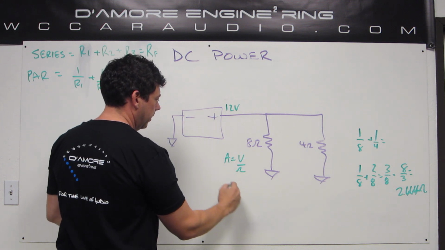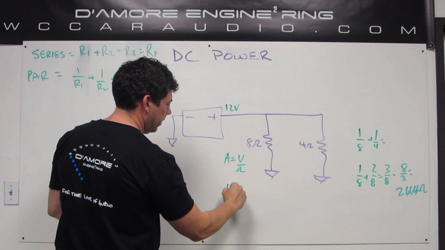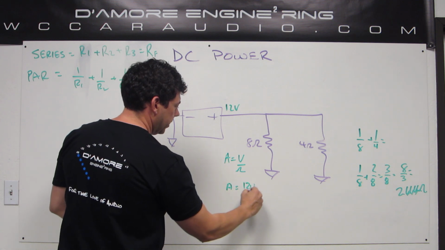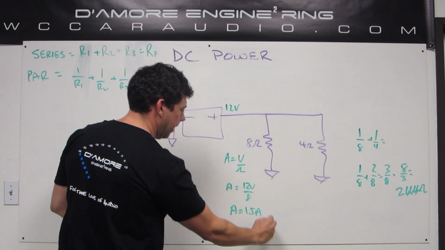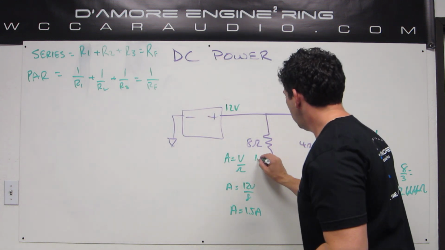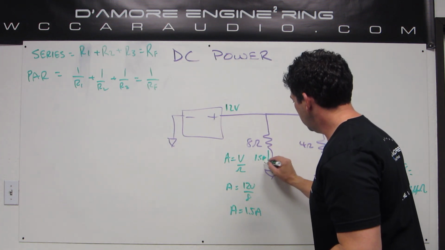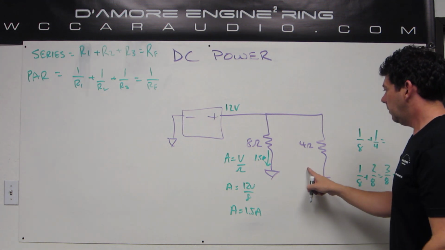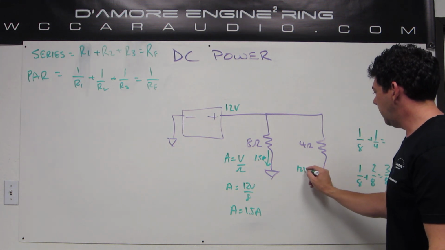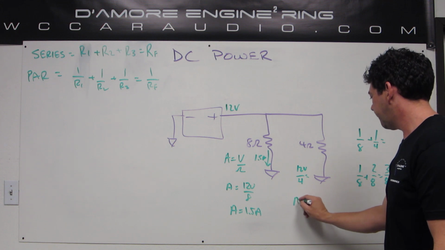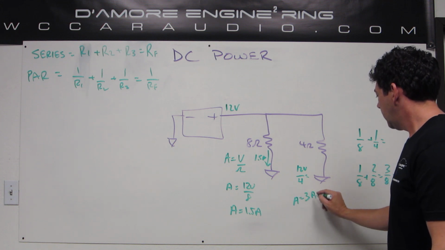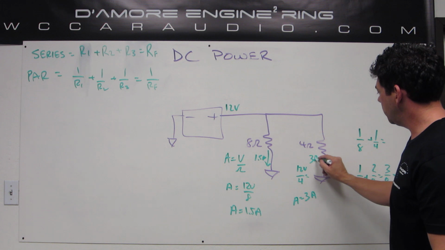So for this resistor, we have 12 volts and 8 ohms, or 1.5 amps of current. 1.5 amps going this way. Apply that same formula here: 12 volts over 4 ohms. This is going to equal 3 amps. So this one has 3 amps going through it.